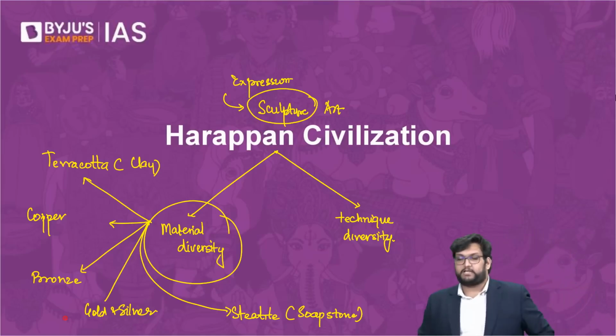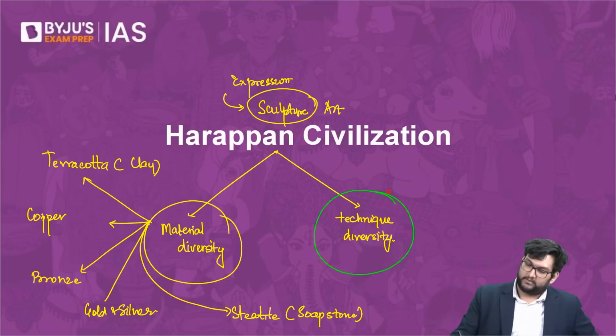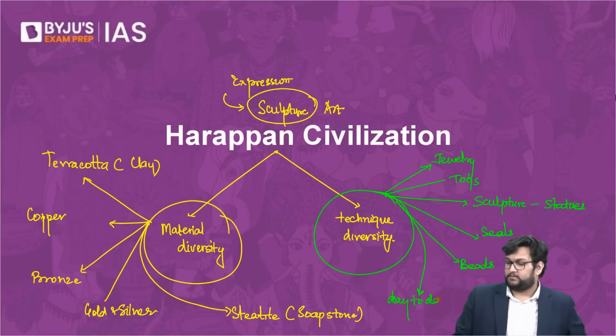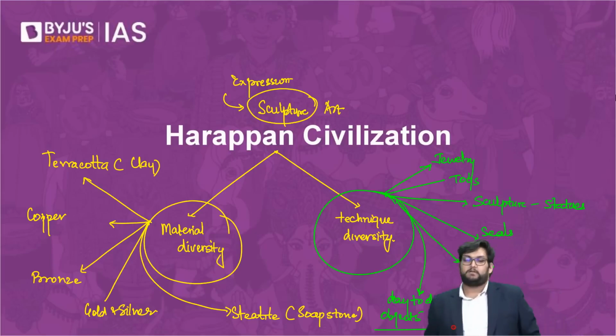Thereafter, when we talk about technique diversity, first would be jewelry, toys, sculpture in the form of statues. We also have seals, beads, and day-to-day objects.